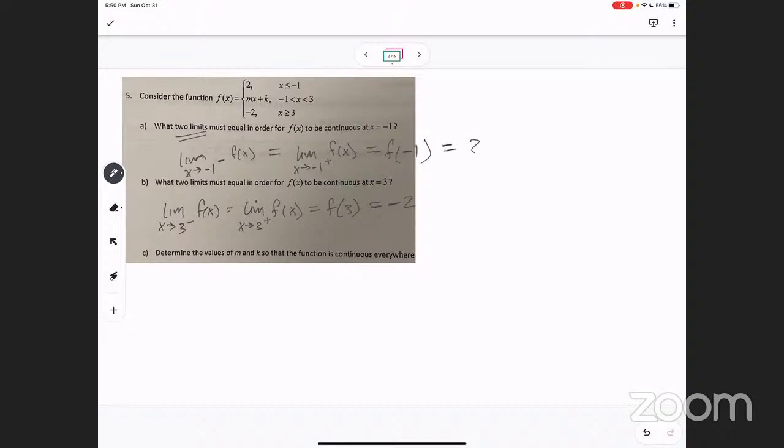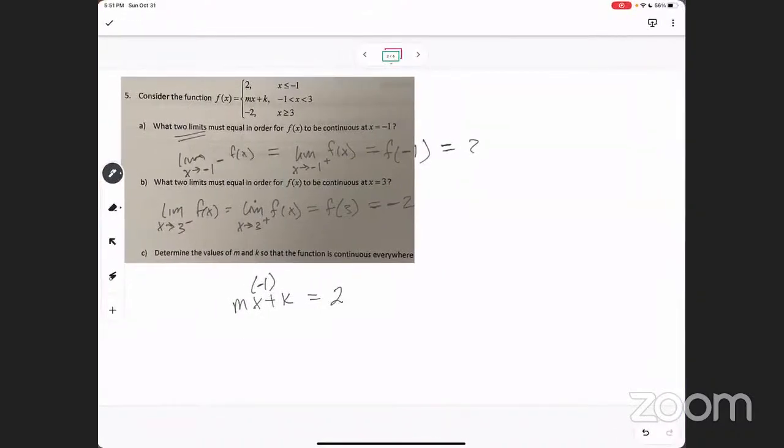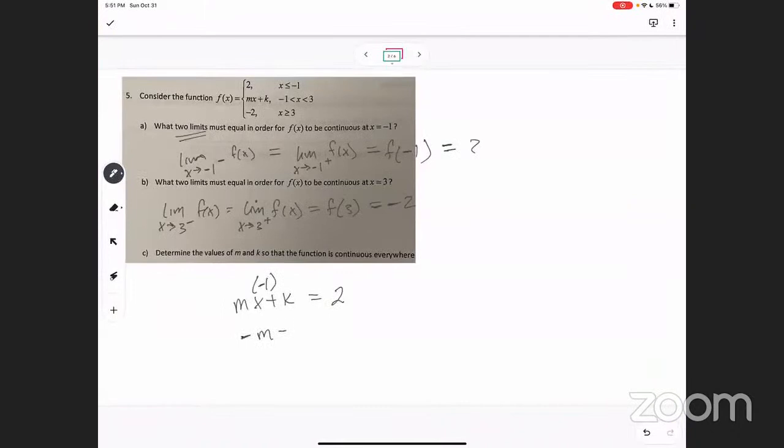So it says determine what m and k must be equal to in order for the function to be continuous everywhere. So basically we want mx plus k to equal 2 when x is -1, right? So let's just plug that in and solve it. Negative m plus k equals 2.